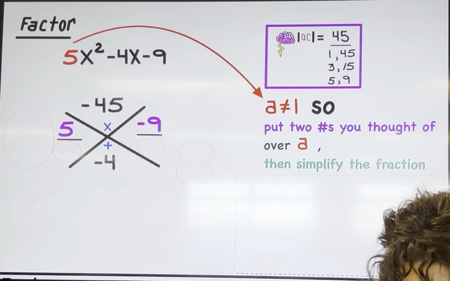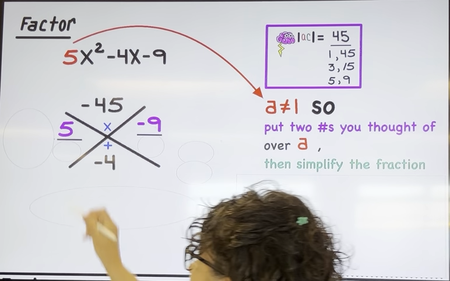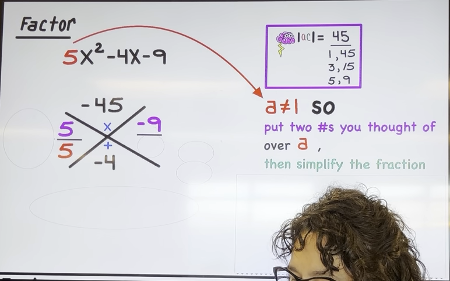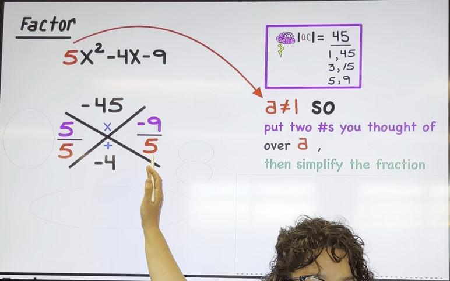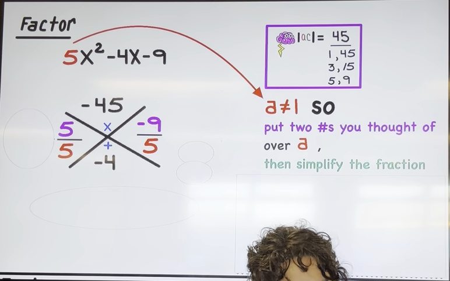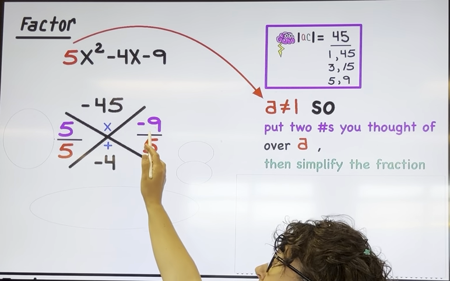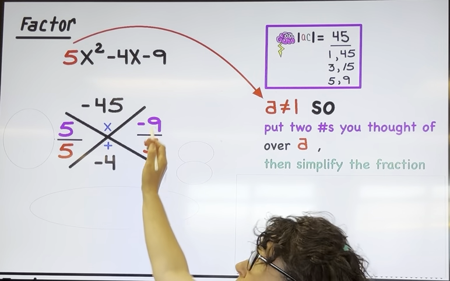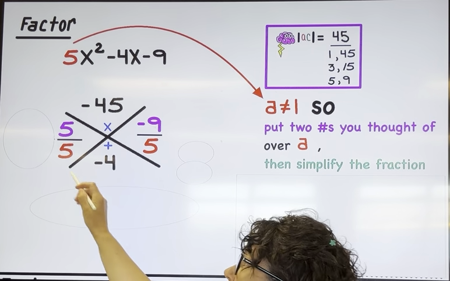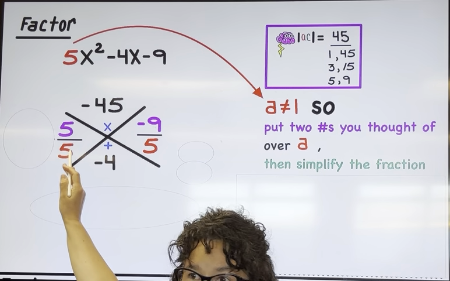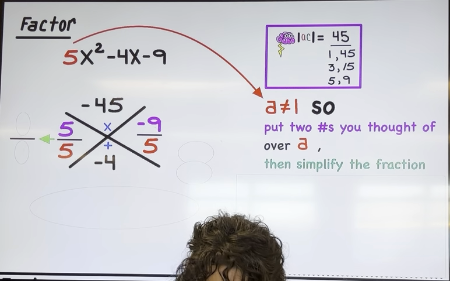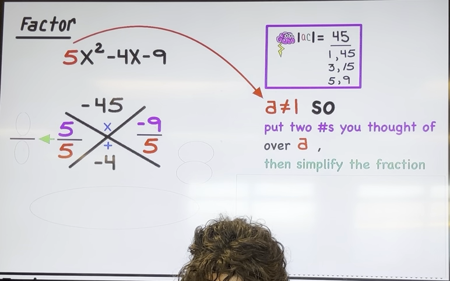So this is the extra step. So over A, the A is 5, so I'm going to put this over 5 and over 5. Let's simplify the fractions. Nothing fits into 9 and 5 besides 1. So this one's done. Here though, 5 fits into 5 and 5 fits into 5. So that is going to become 1 over 1.